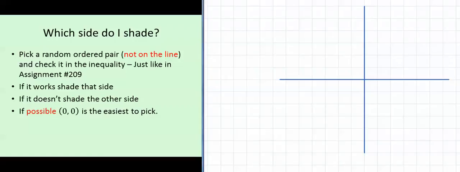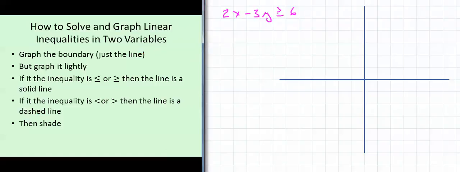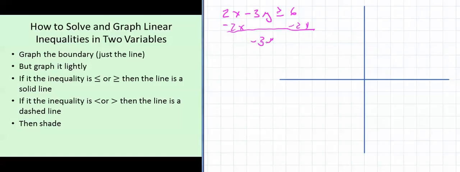All right, let's do an example now. We'll make it simple, 2x minus 3y is greater than or equal to 6. Now we said graph the boundary, just the line. So subtract 2x from both sides and I have negative 3y greater than or equal to negative 2x plus 6.